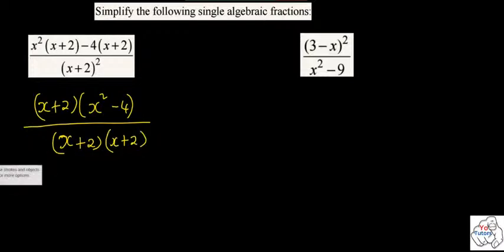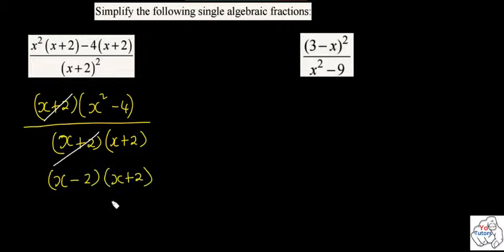Then you can see what we're going to do: we cancel, and we're left with x. Now on this one we have x squared minus 4, which is a difference of two squares. We'll apply that, so it's going to be x plus 2, x minus 2.